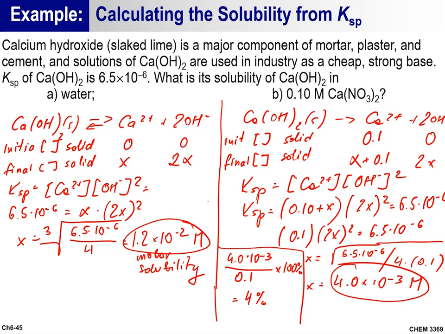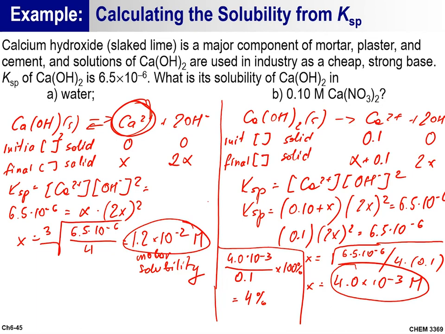Because now you can explain it, it's a common ion effect, right? We have the common ion copper 2 plus present in the solution, and it lowers the solubility of the solid. You can invoke the Le Chatelier principle, adding the common ion, calcium 2 plus, which is the product, will shift the equilibrium to the left.